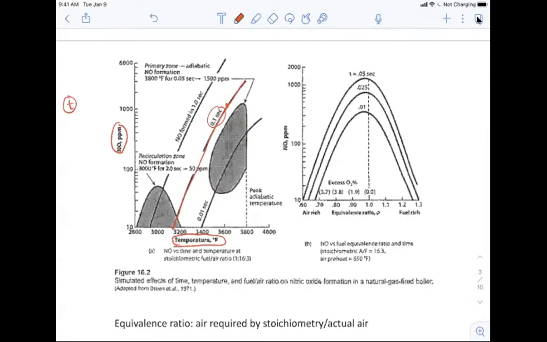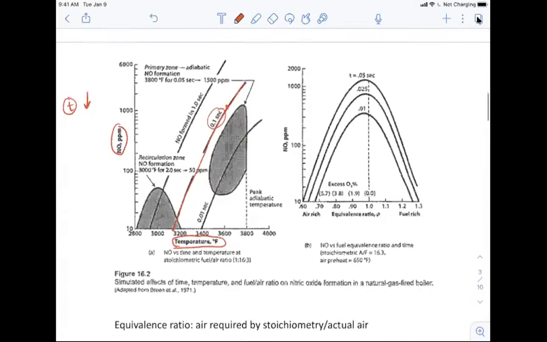In order to reduce NOx, we need to reduce the residence time. So with the same figure here, if you draw a vertical line, okay, what this vertical line means is that if you maintain a constant temperature, then these different curves here represent different residence times.